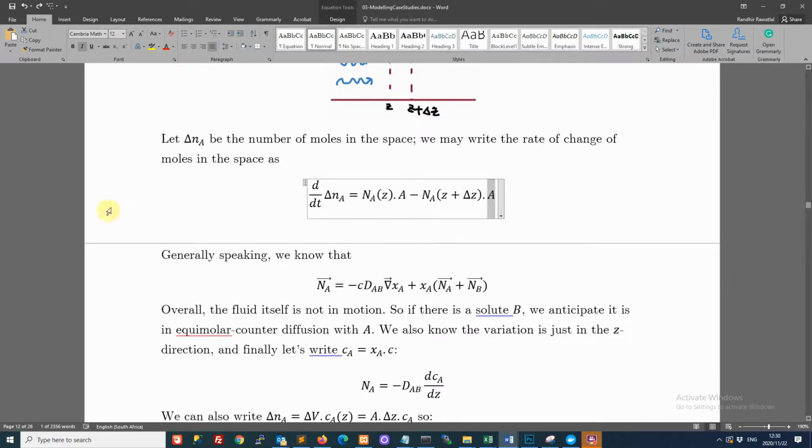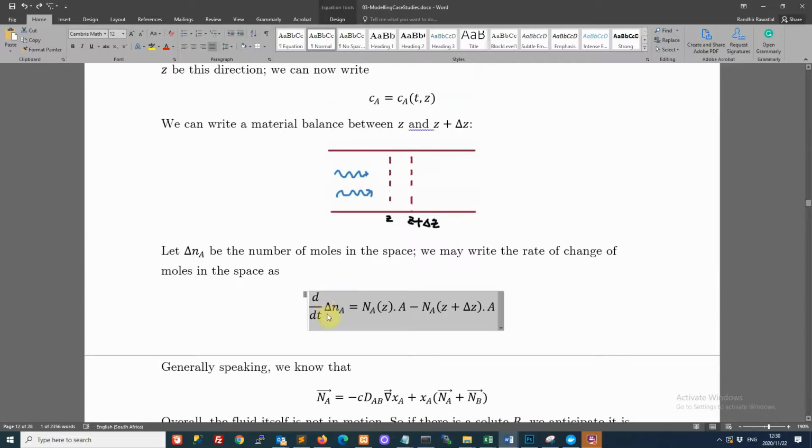And we can say that our number of moles in the space is delta Na. Normally we write Na, we just write number of moles, but here we are choosing a specific sub-volume. So let's call this the sub-volume. So there's a thickness here, Z to Z plus delta Z, and then there's an area here. So we'll call that the volume, the sub-volume.